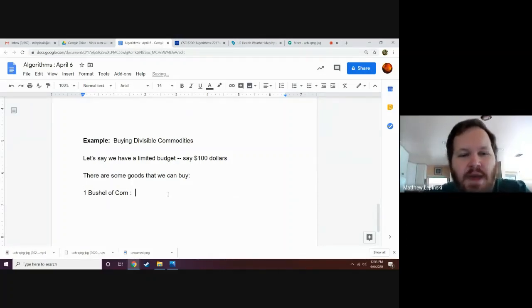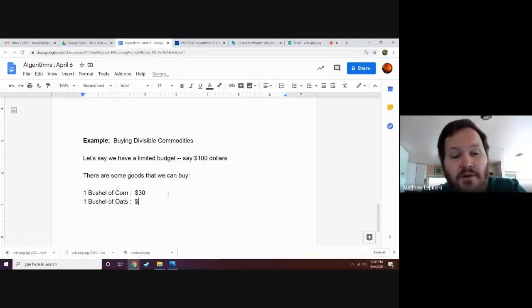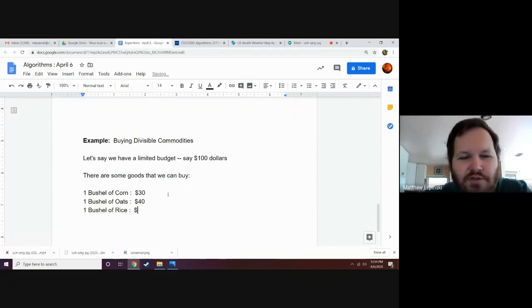Maybe a bushel of corn costs $30, a bushel of oats costs $40, and a bushel of rice is only $25.